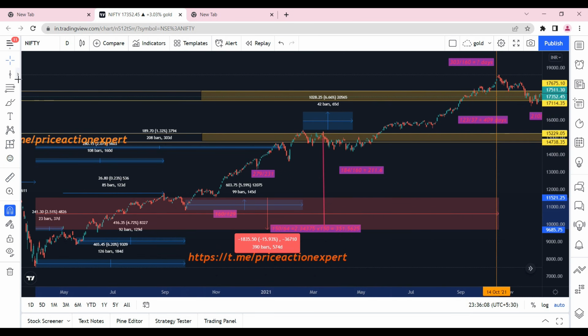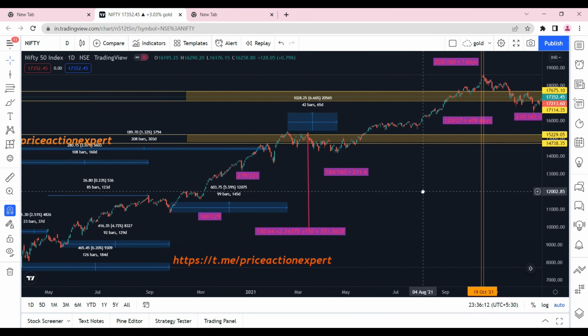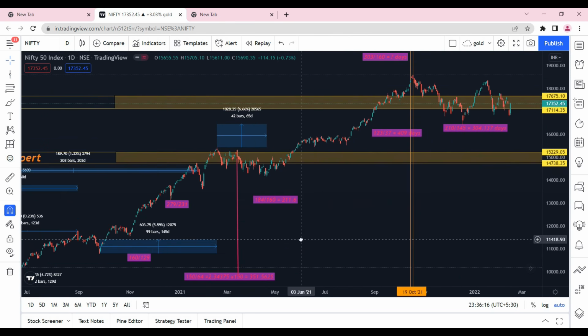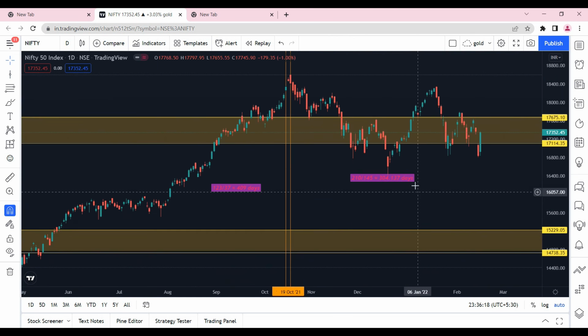So the simple calculation, you can see that it's wonderful and amazing how I found the all-time highs. Even before the all-time high formation, there is a price cycle here that I didn't mark.